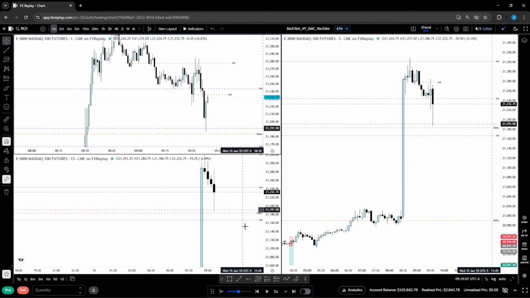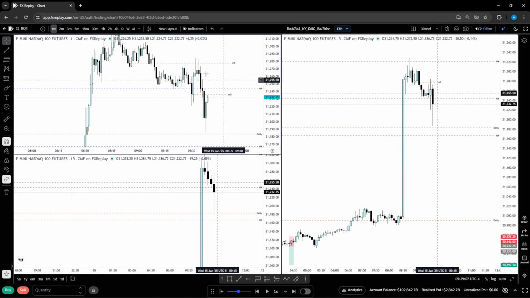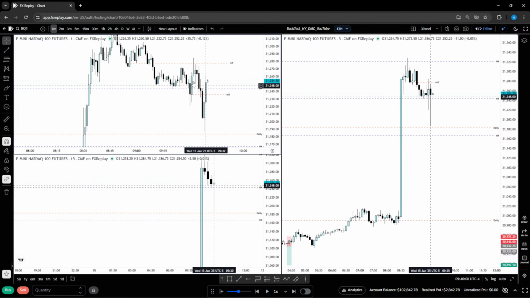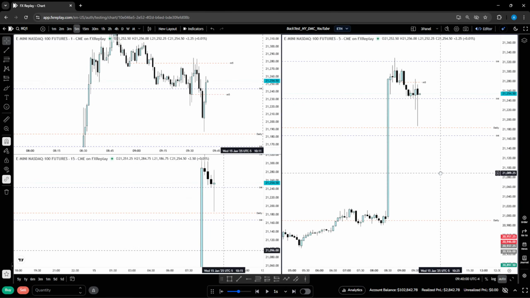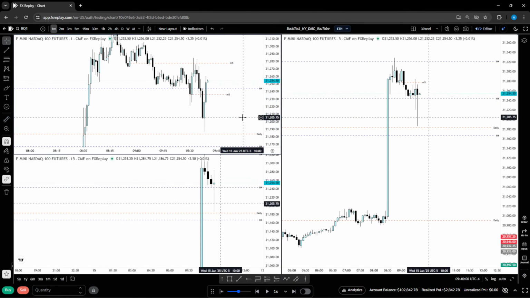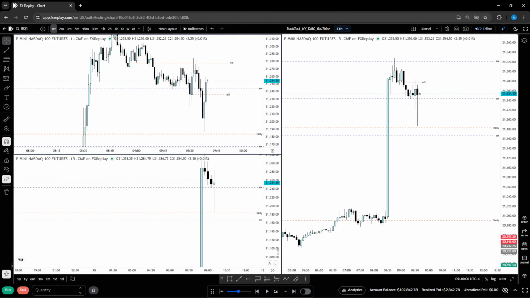So I need to wait to see if this is going to go higher, if we start to break above the H4 or no, because we are bullish probably. How big is this guy? So I think we're bullish.